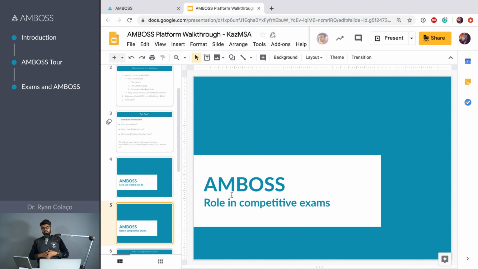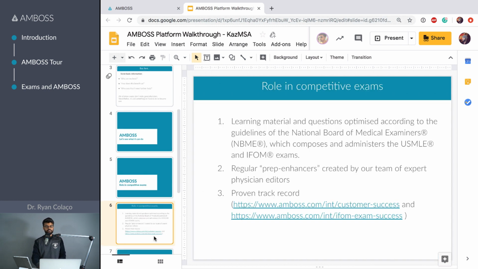But what is most important is how it helps you in your competitive exams, correct? Now, the thing is, in general, all the students around the world who use AMBOSS tend to score higher than the average in the exams. But we have done two specific case studies, and those are for the USMLE and the IFOM exams, because all of AMBOSS's material is optimized according to the guidelines of the NBME, which composes these exams, all right?